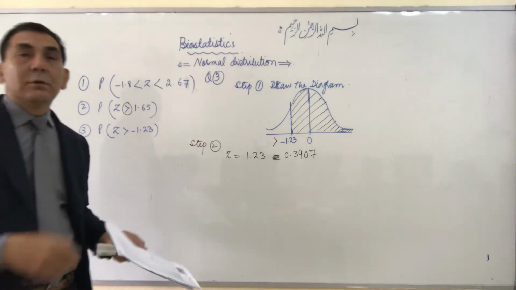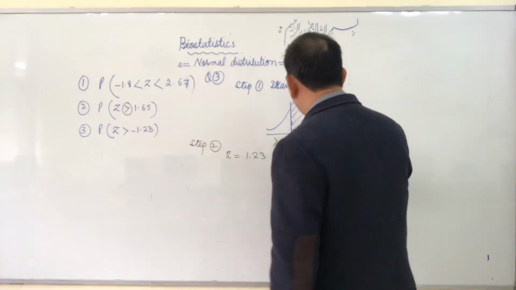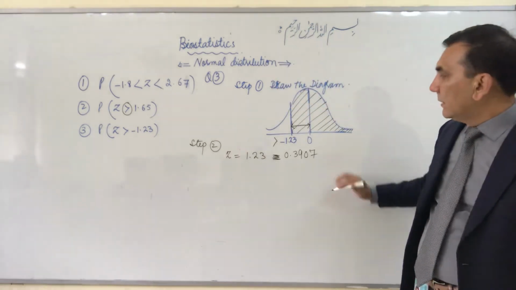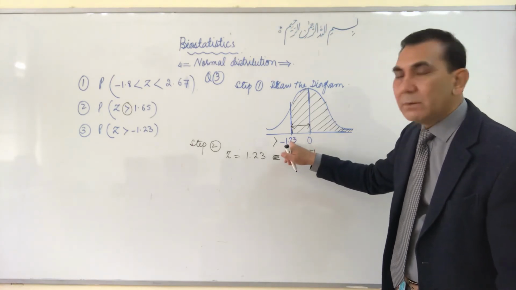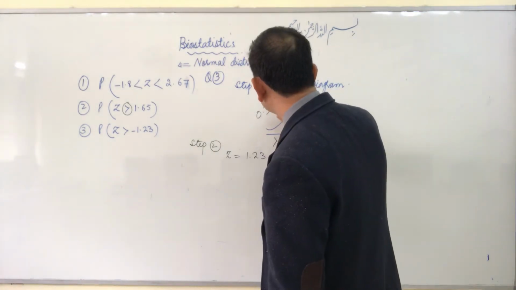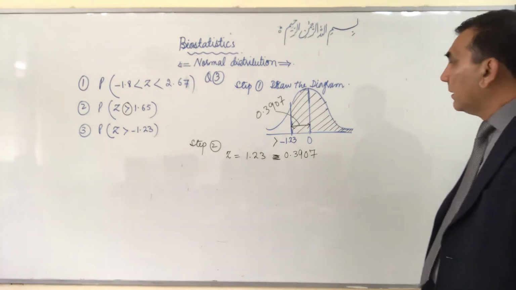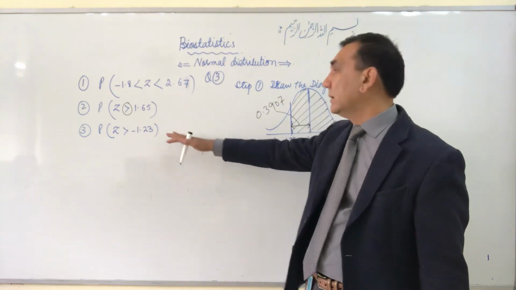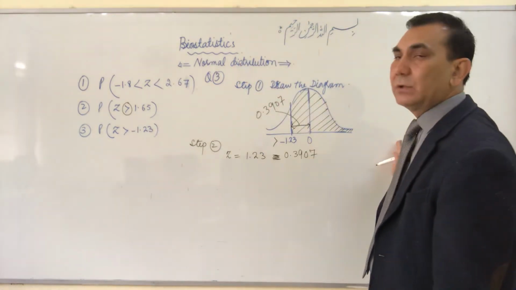Okay. Now, has the problem been solved? No, it is still unsolved, because up till now we have found only the area between 0 and 1.23, which is 0.3907, meaning 39.07%. The question asks for the proportion or probability of the area above minus 1.23.